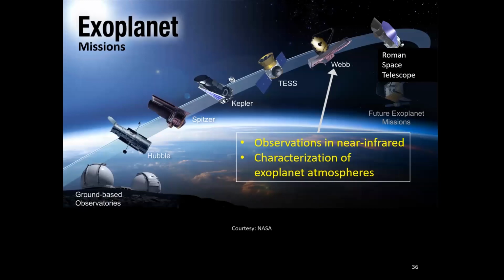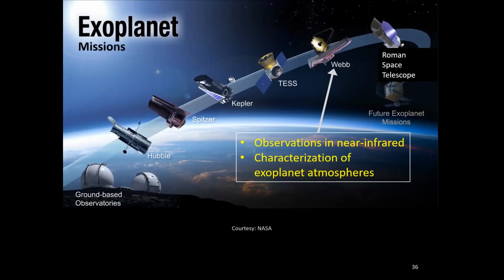In fact, if you saw one of the original five or so objects that were rolled out a couple weeks ago, one of them was an exoplanet curve showing in the near infrared the various atmospheric components of a particular exoplanet.